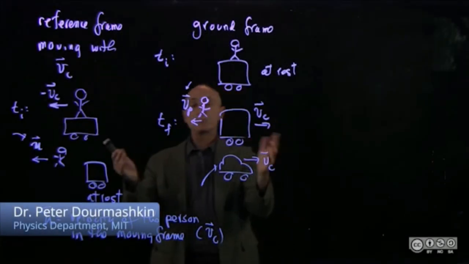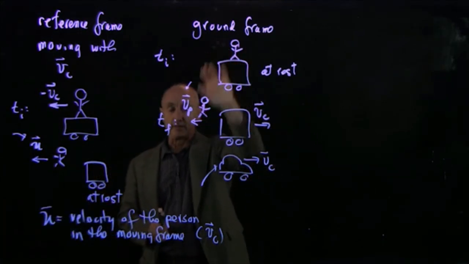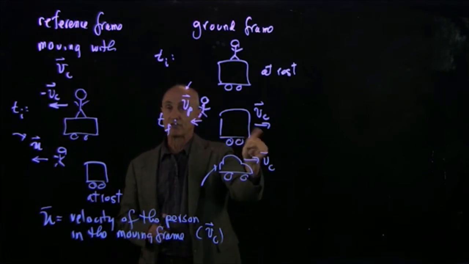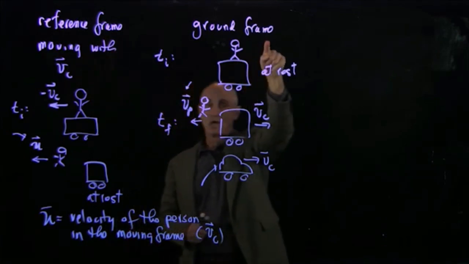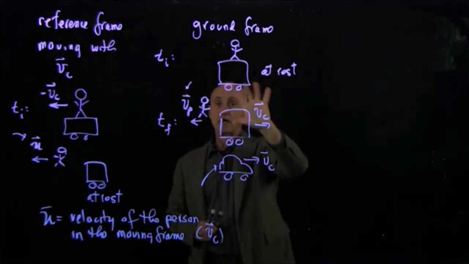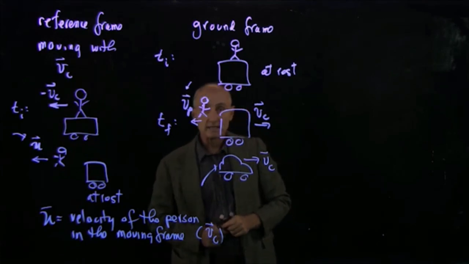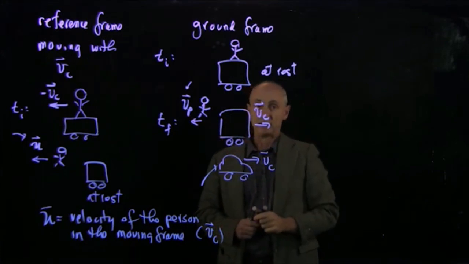So we've now drawn pictures of the interaction of a person jumping off a cart in both the ground frame and a reference frame moving with velocity vc, which is the final speed of the cart. These were pictures in the reference frame moving with vc, and these are the momentum diagrams of the person and the cart in the ground frame. Now we would like to apply the momentum principle to solve for vp and vc.